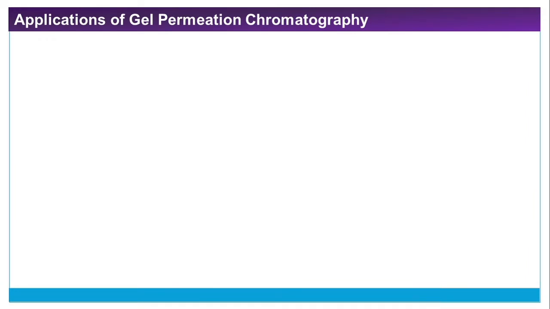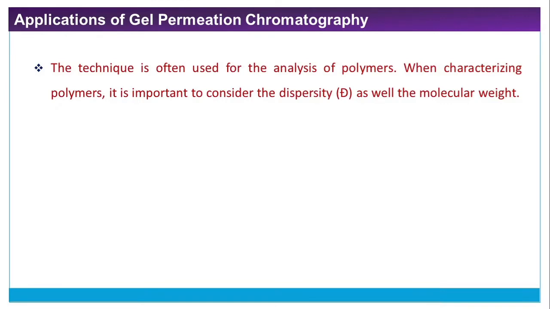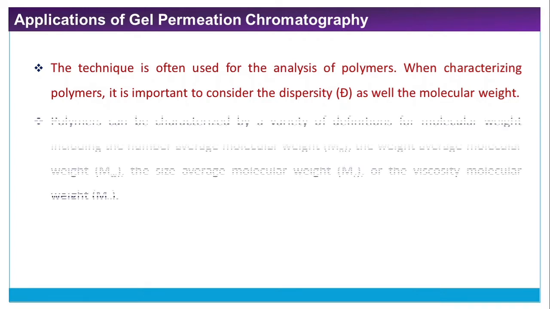Now we'll see the applications of gel permeation chromatography. The technique is often used for the analysis of polymers. So for polymers, this technique is more useful. When characterizing polymers, it is important to consider the dispersity as well as the molecular weight.